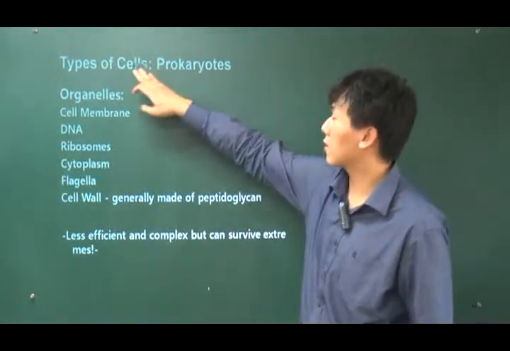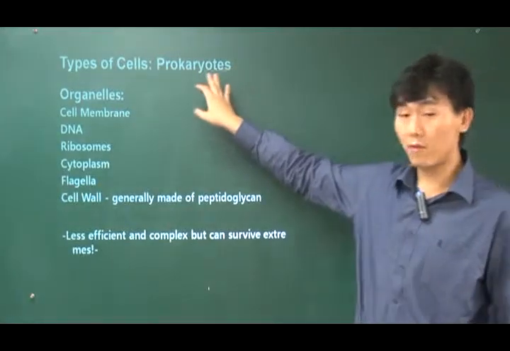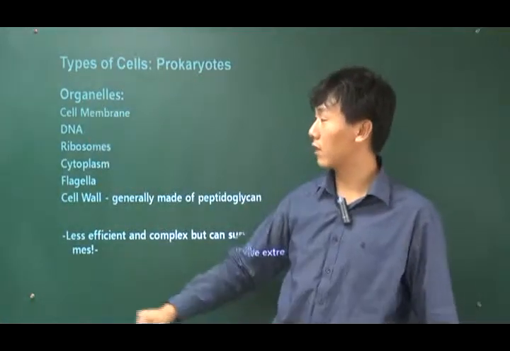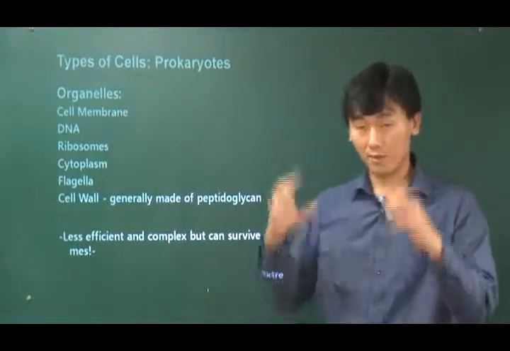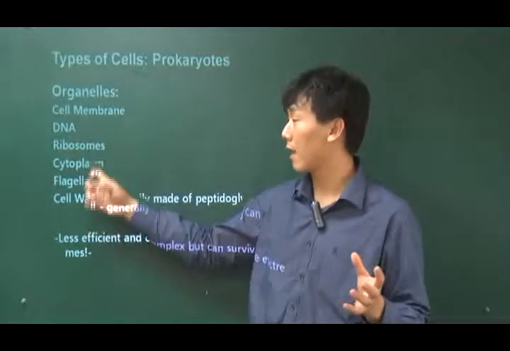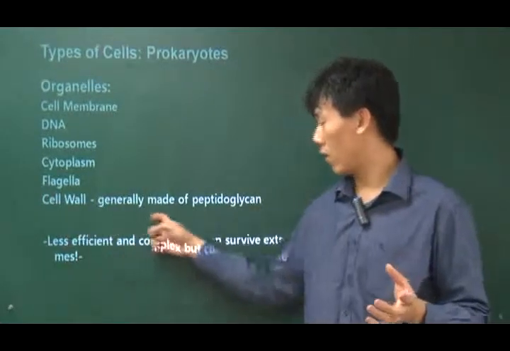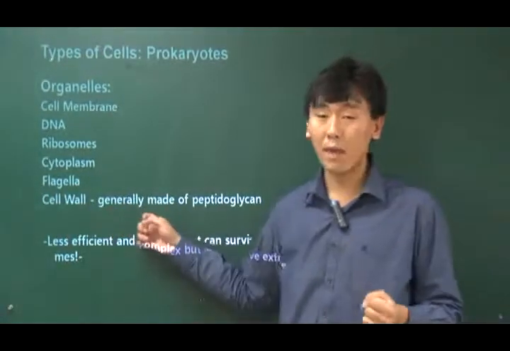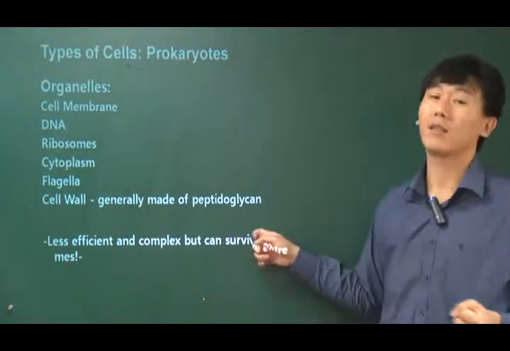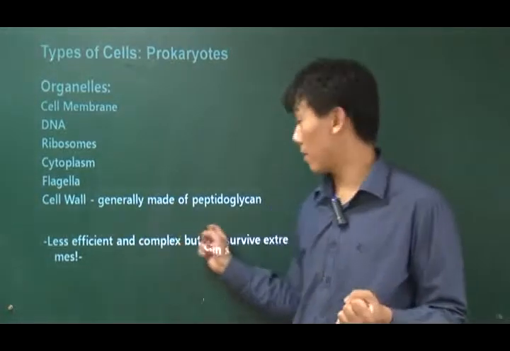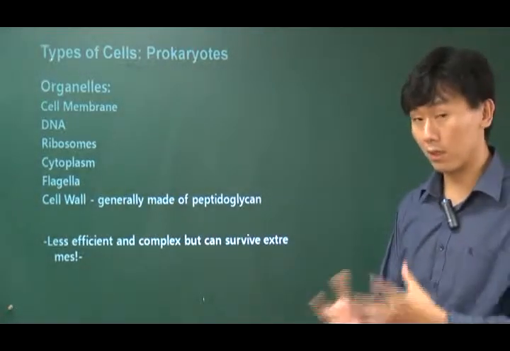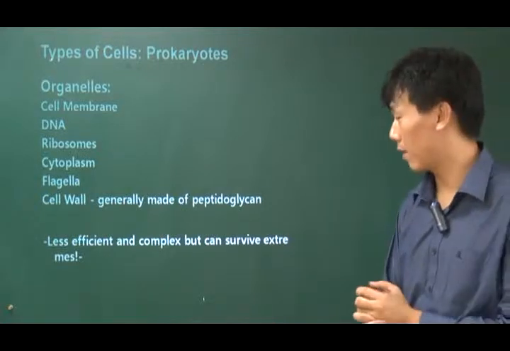So, as we discussed before, in each cell of the prokaryotes, we have different organelles. It's the cell membrane. It's what protects the cell, the DNA, ribosome, cytoplasm, the flagella, and the cell wall. And generally, they're going to be made of something called peptidoglycan. It's a term that can come up, so you should remember this term. It's just what the cell wall of certain prokaryotes are made of.